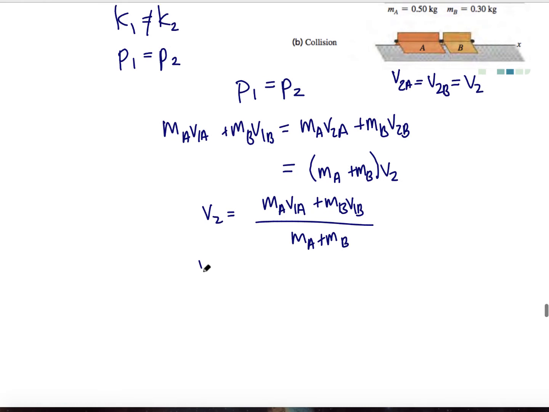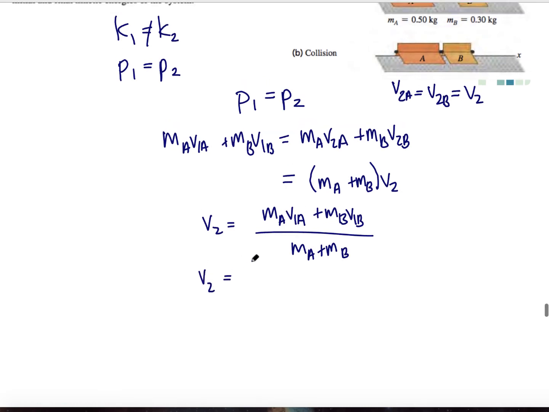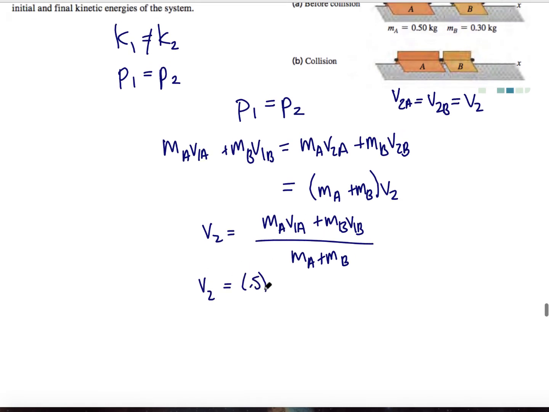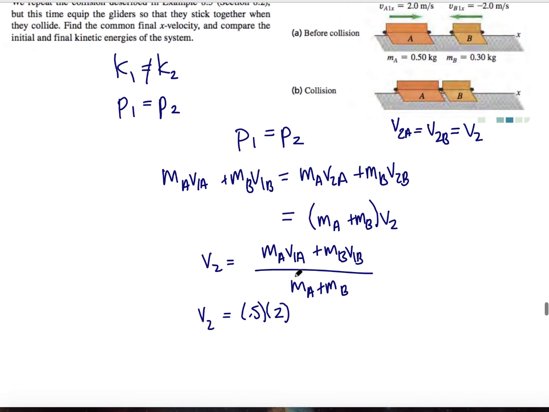So substitution here will be 0.5 times positive 2. As you can see in our image, it is to the right. Don't forget these signs. Plus mass B, which is 0.3, times its initial velocity of negative 2, over the total mass, which is 0.5 plus 0.3. And so our final velocity ends up being positive 0.5 meters per second.